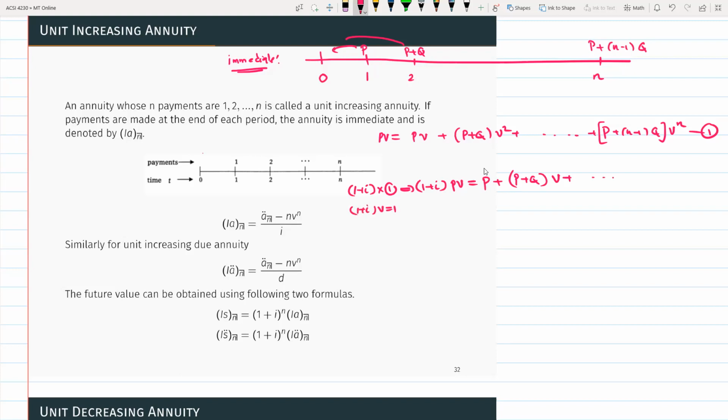Remember that relationship. Then I can subtract equation 2 minus equation 1 and see what I get. That would result in i times PV.